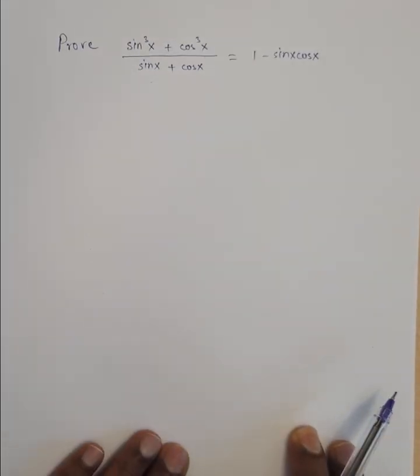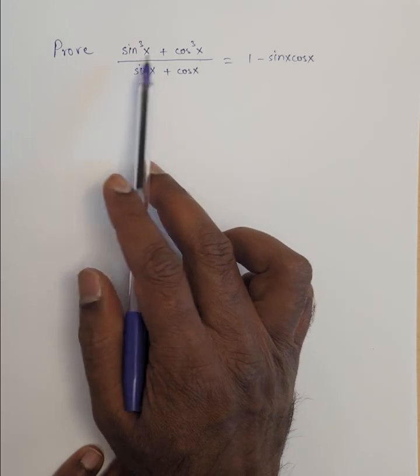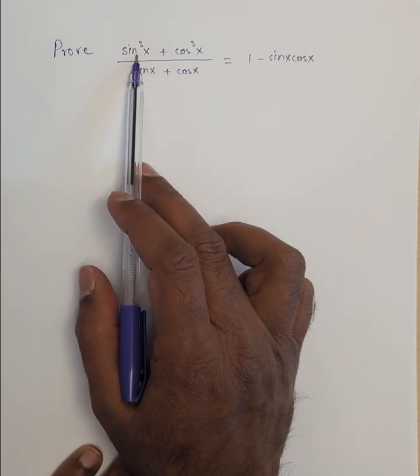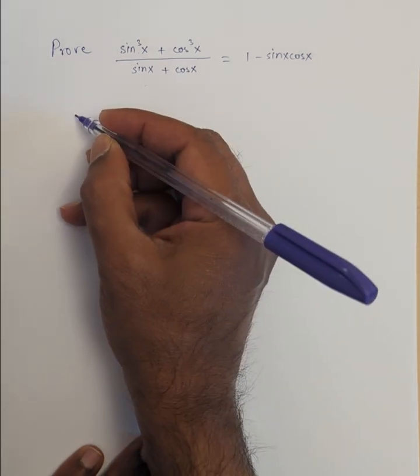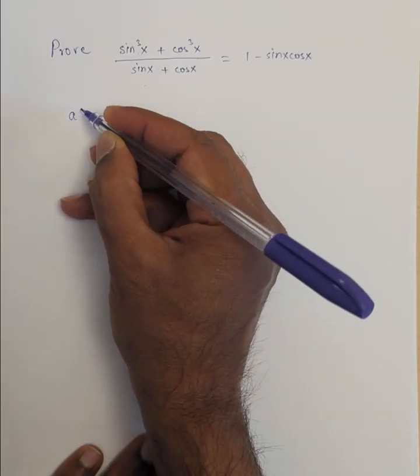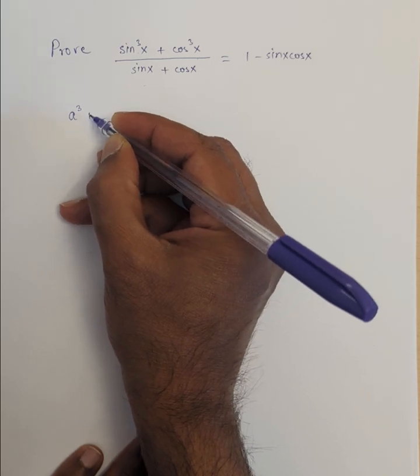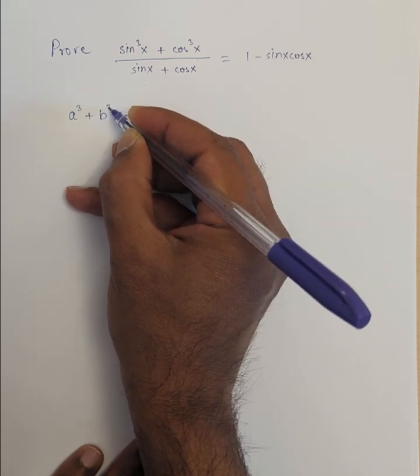And for this particular problem, I see that there is a sum of cubes. So there is a formula for sum of cubes in algebra. If you remember that, that's great. If not, I'm going to write it down.